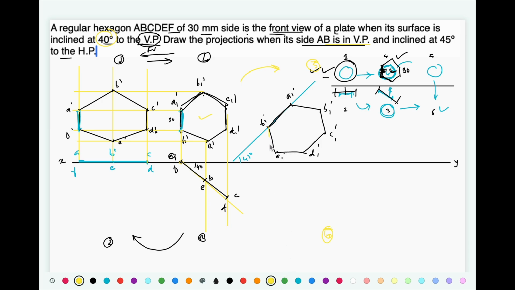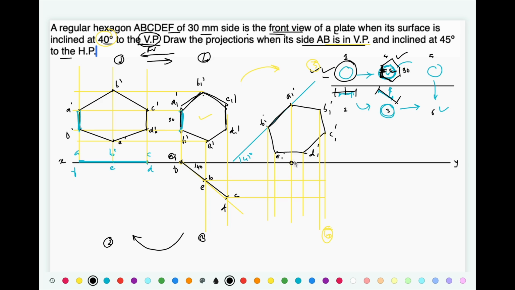Now project all the points for the top view. Project all the points from this front view. Connect the intersection points.